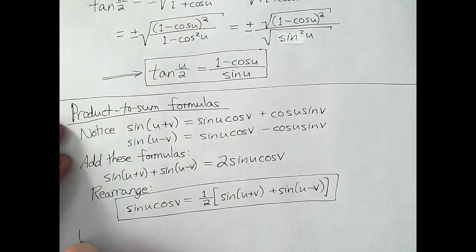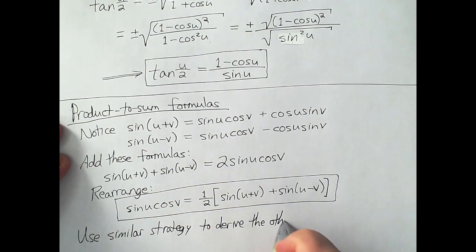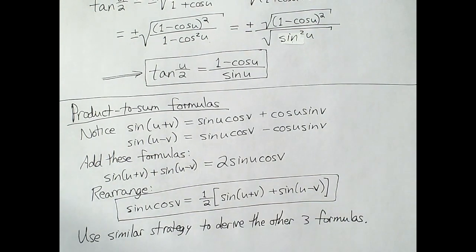And all I'll say about the other ones is that you could use a similar strategy to derive the other three. So we don't have to do all of them. I'm talking about on the reference sheet, on the product to sum formulas, there are 4 of them.